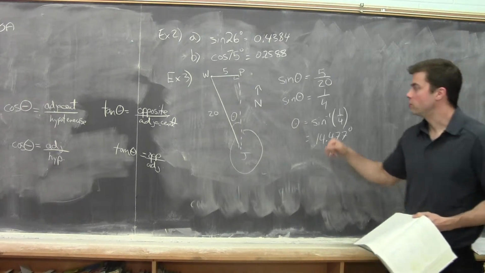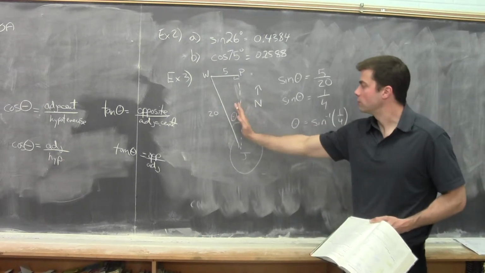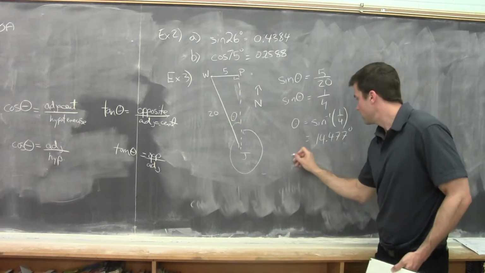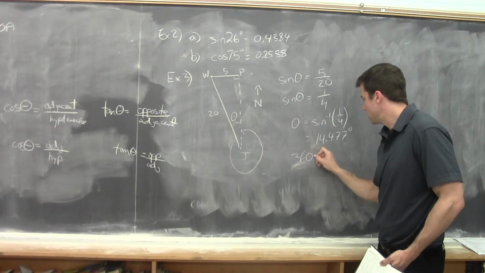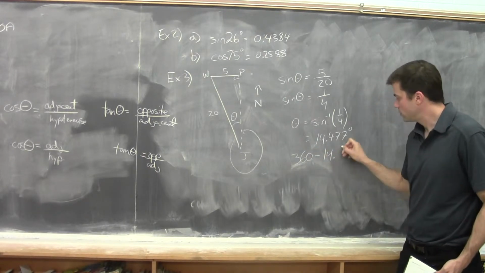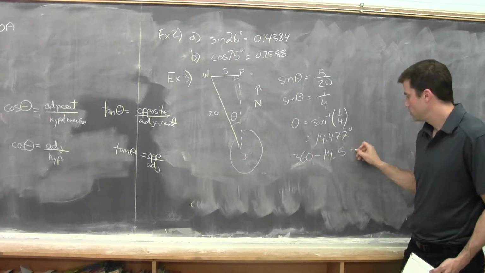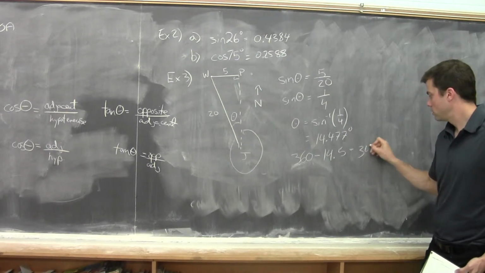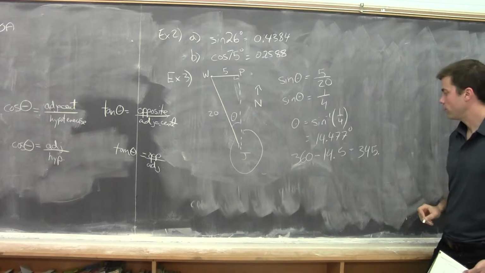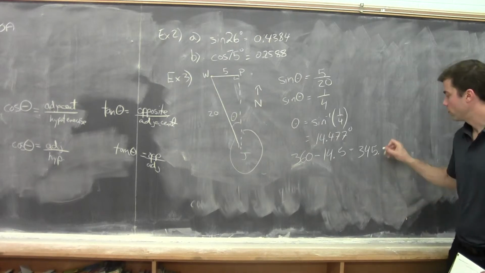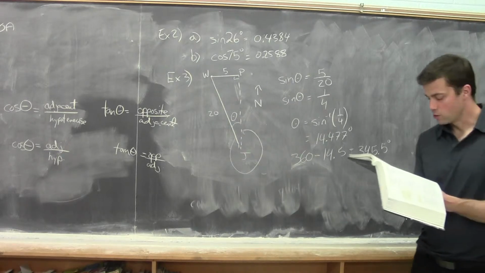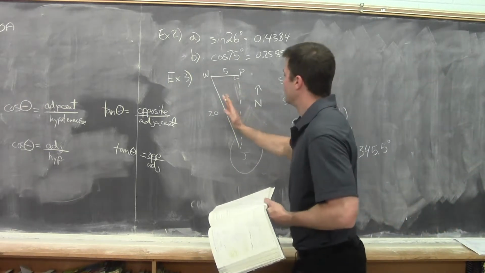So if we were to say straight bearing, bearing is always measured clockwise from north, so it would actually be 360 minus, say, 14.5 would be equal to 345.5 degrees. That would be your bearing. They list the bearing as north 15 degrees west.